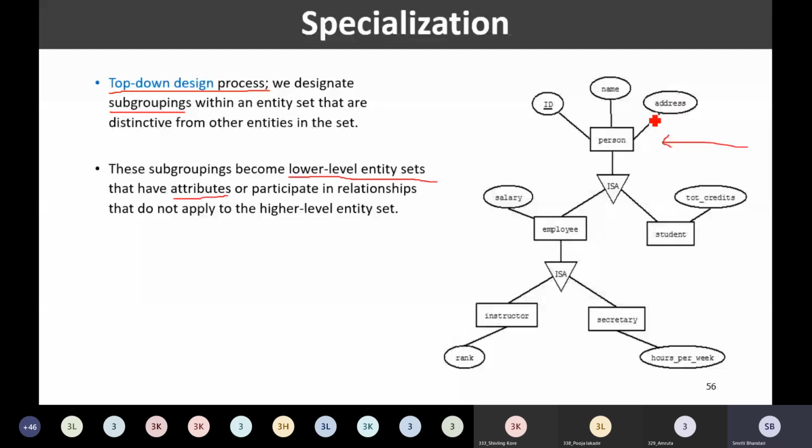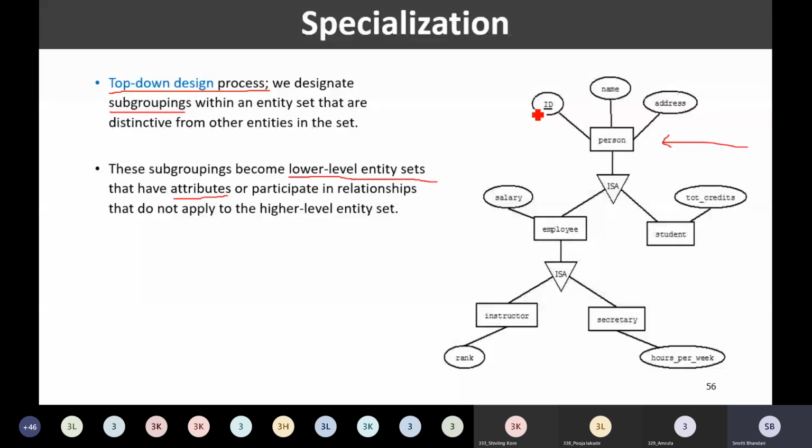So all the attributes of person are also applicable to employee and student. Why? Because employee is a person and student is also a person. So whatever are the attributes of the person, those are also applicable to employee as well as student.